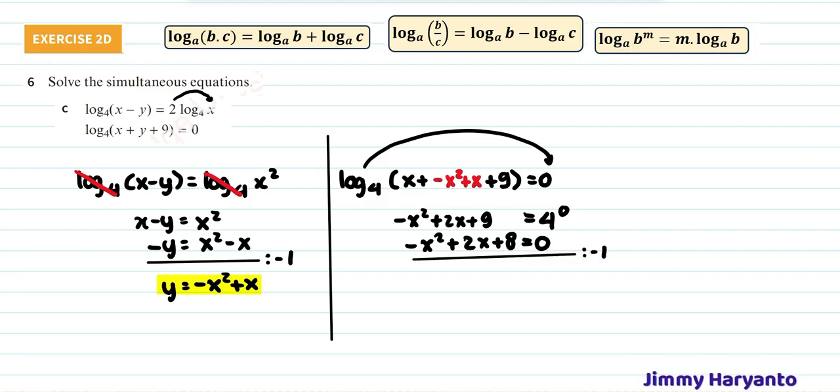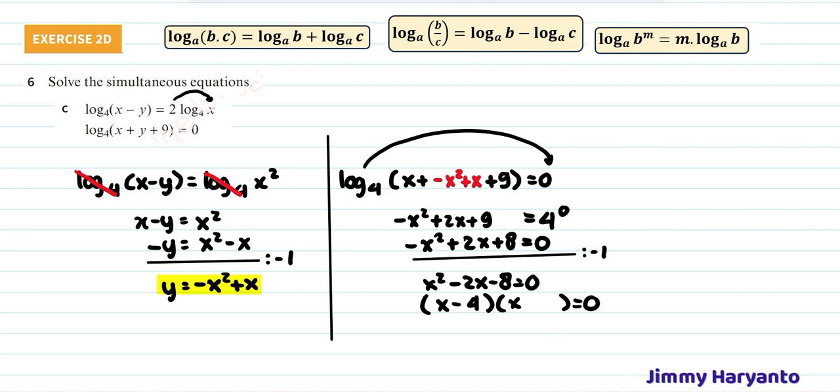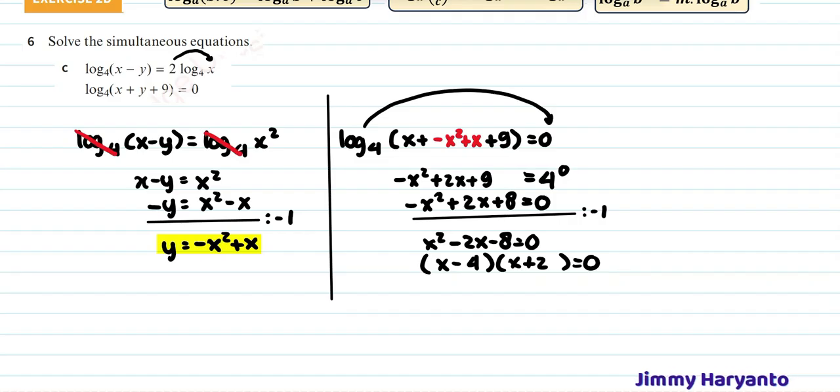Divide by -1, so you will have x squared minus 2x minus 8 equals 0. And then you factorize this, x minus 4 and x plus 2. And then what next? x equals 4 and x equals -2.